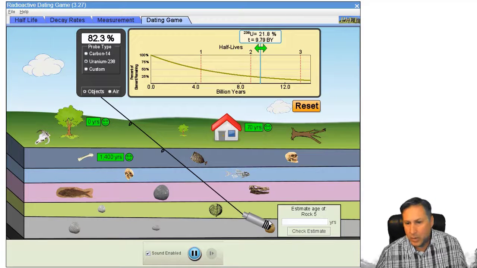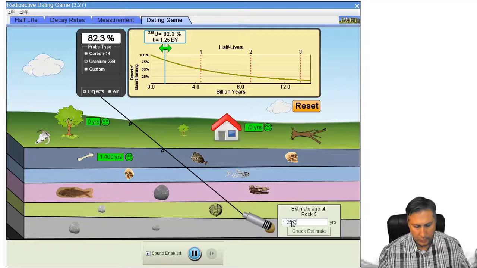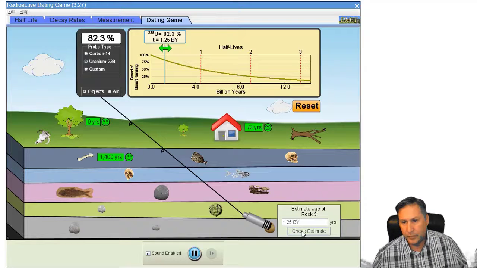Okay, so at this one, 82.3. So when you scroll up, 82 point, a little too far. 82. Nice. And 1.25 billion years. Oh, I didn't like that. Is it really going to have me put 1.25 in billions?